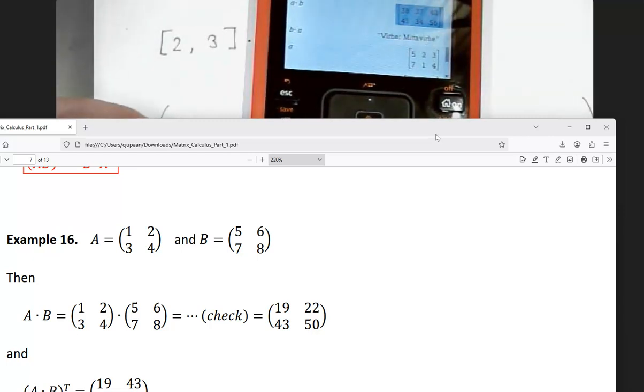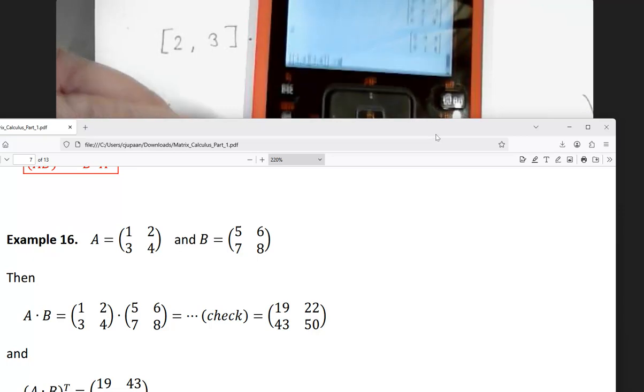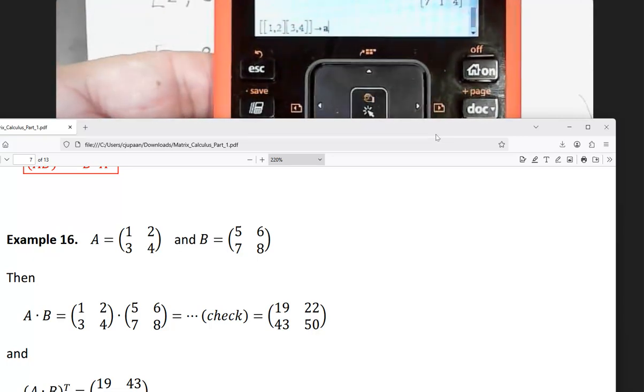I will enter the first matrix there: 1, 2 and then 3, 4, and then I save that in the A matrix.